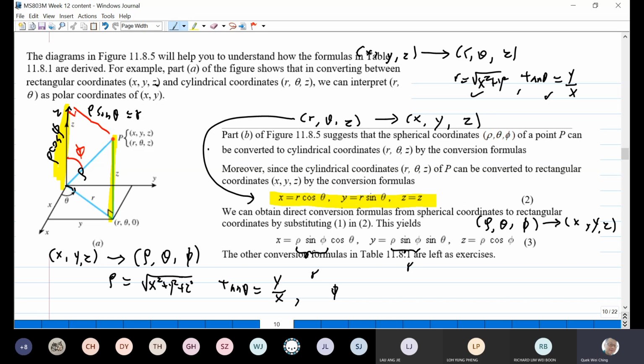I don't want to use tangent, so we use sine, opposite. Okay, let me try. So z over rho, where rho is the distance from the origin.